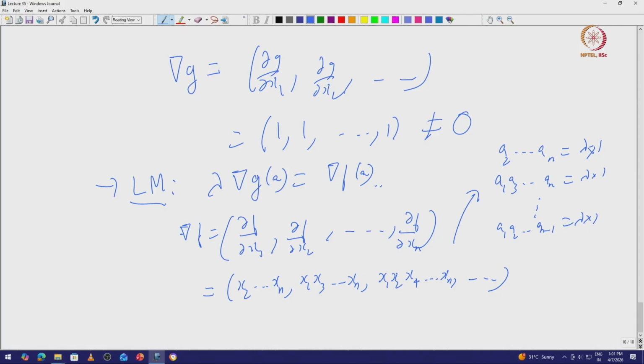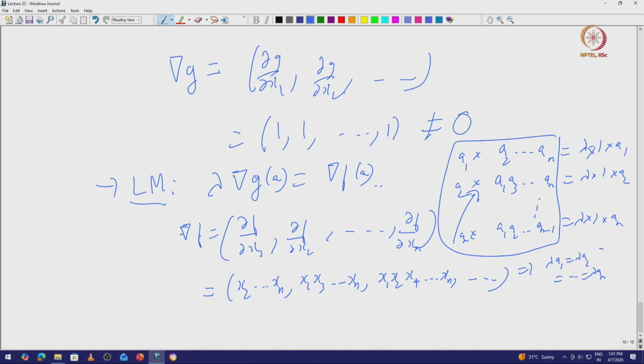Yeah. So the easiest way to solve this is you multiply this by a1, you multiply this by a2, and so on, you multiply this by an. So all of these are equal to each other, which means lambda a1 is equal to lambda a2 equals so on until lambda an.